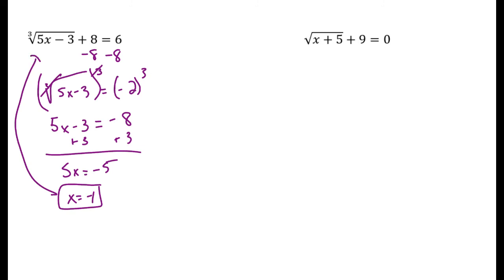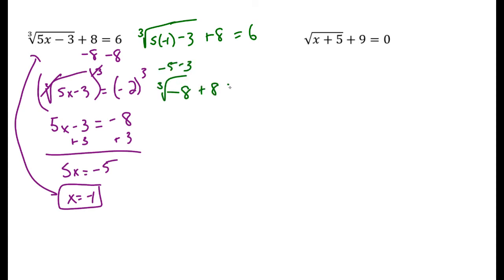We should go back and check it, but technically you don't need to check cube root equations, but it doesn't hurt to check. I always want you checking whenever you see a radical, just because you never know what's coming your way. So 5 times negative 1 is negative 5, minus 3, that's negative 8. The cube root of negative 8 plus 8 equals 6.